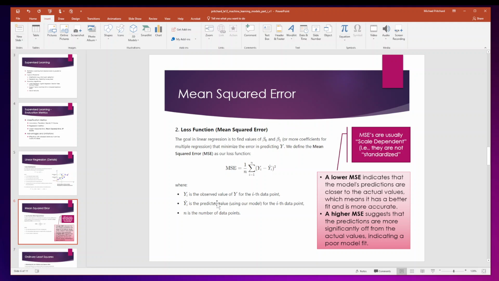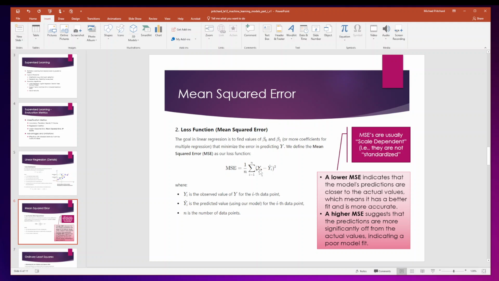y sub i is the actual values of the dependent variable. And then y hat sub i is the predicted value, the predicted values from the model itself.